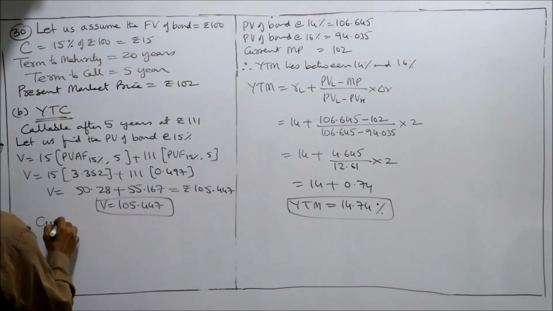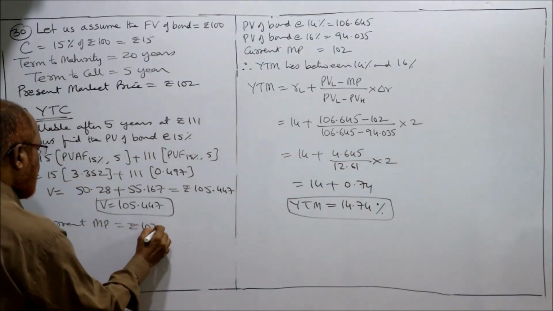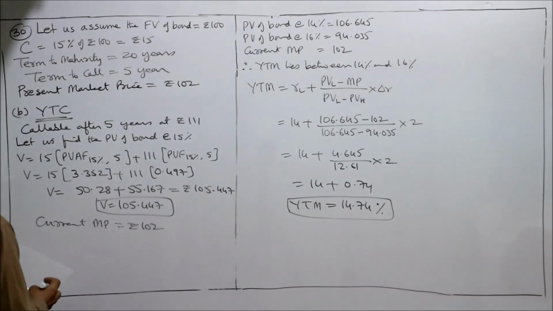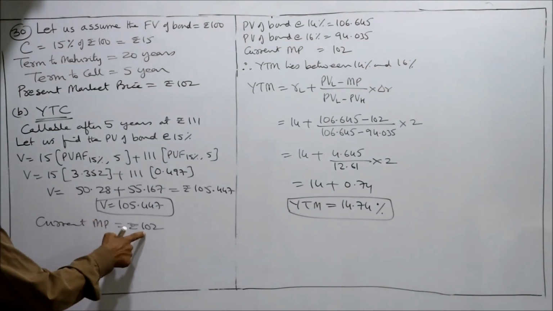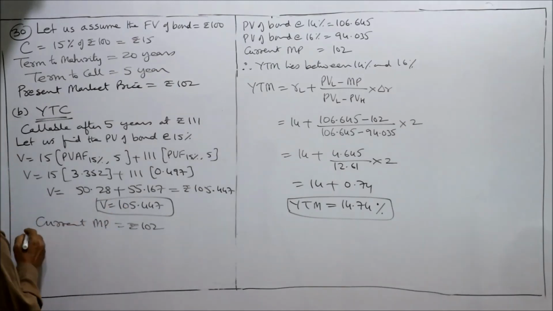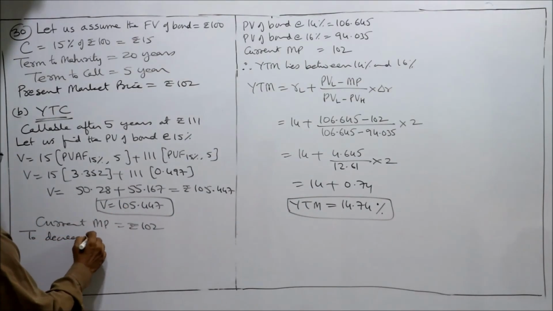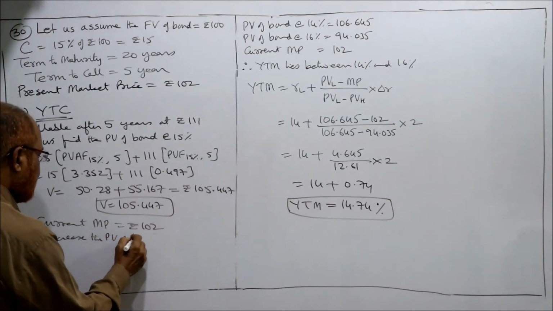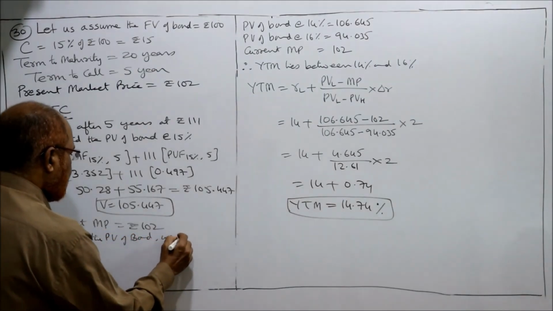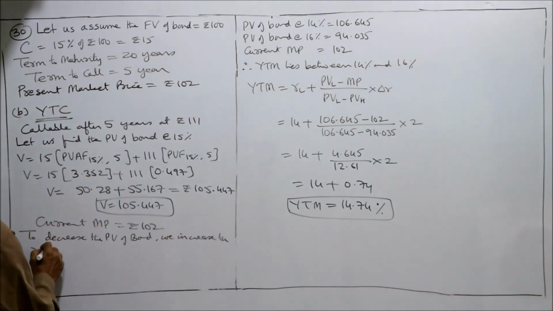Current market price 102. So we have to decrease. Actually, we need the current market price 102, but we are getting 105. So to decrease the present value, we increase the rate.